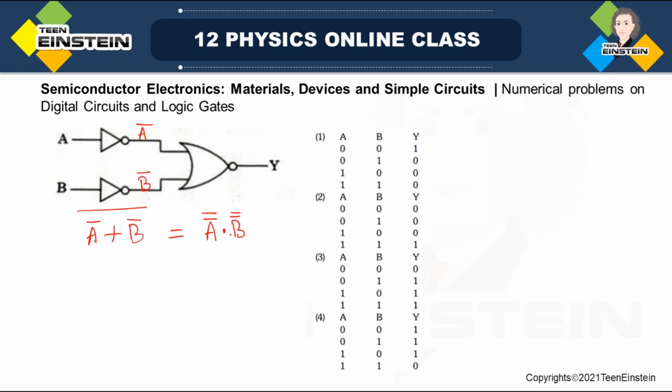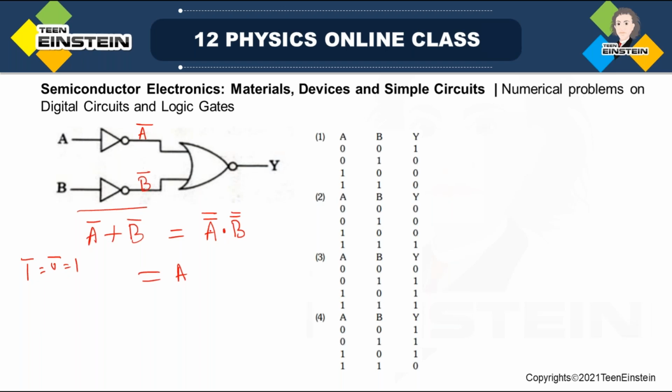These notations are not included in your NCERT textbook, but you can just learn from here that this double bar will give you ultimately A. That means you are taking A bar as input and taking NOT operation of that again. Suppose A is 1, then A bar is 0, then again I take 0 bar, that would give you 1.